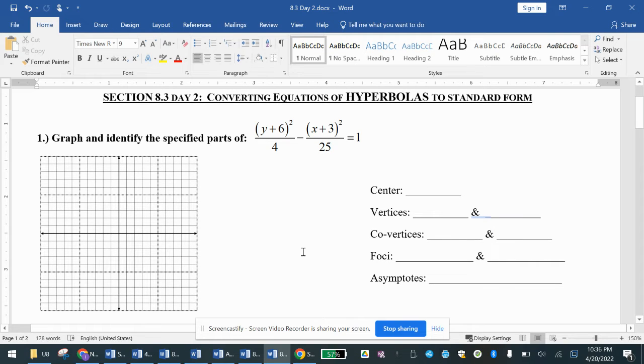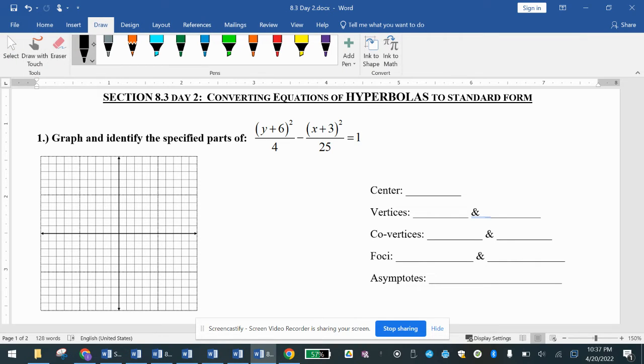All right, so let's start with a review of what we did yesterday. Just graph and identify the specified parts of the hyperbola. The first thing I'm going to do is identify the center. Remember that the center is an ordered pair. It has to be in alphabetical order. The x value has to be written first and then the y value.